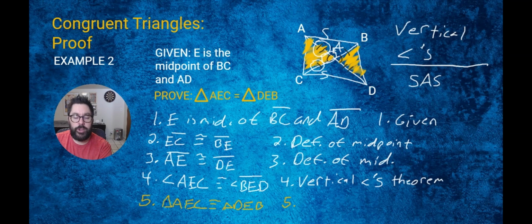And our reasoning for that is this theorem over here. We tallied up a side, angle, side. That's our theorem that proves the triangles are congruent. We don't need to know everything about each triangle. We just need to know enough. And in this case, SAS, side, angle, side, was enough.